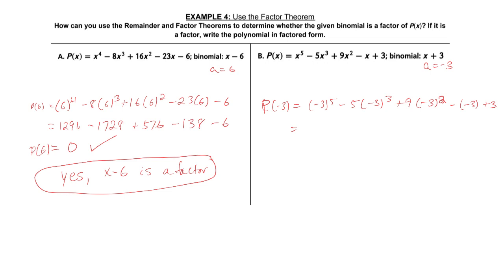All right, so we get -243 plus 135 plus 81 plus 3 plus 3, which is -21. So no, x plus 3 is not a factor.